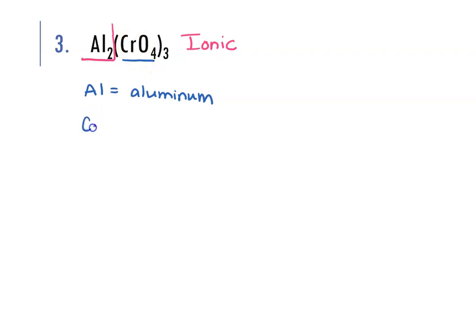Inside the parentheses, I have CrO4, which is 2 elements, which means it's a polyatomic ion. So if I go to the back of my periodic table, I see that this is going to be chromate. So again, polyatomic ion, don't change the ending. So this is going to be aluminum chromate.